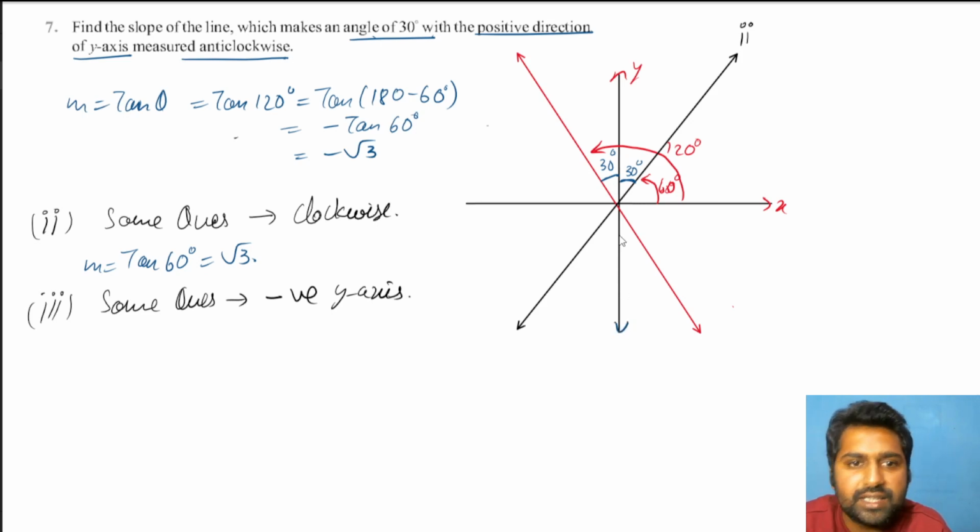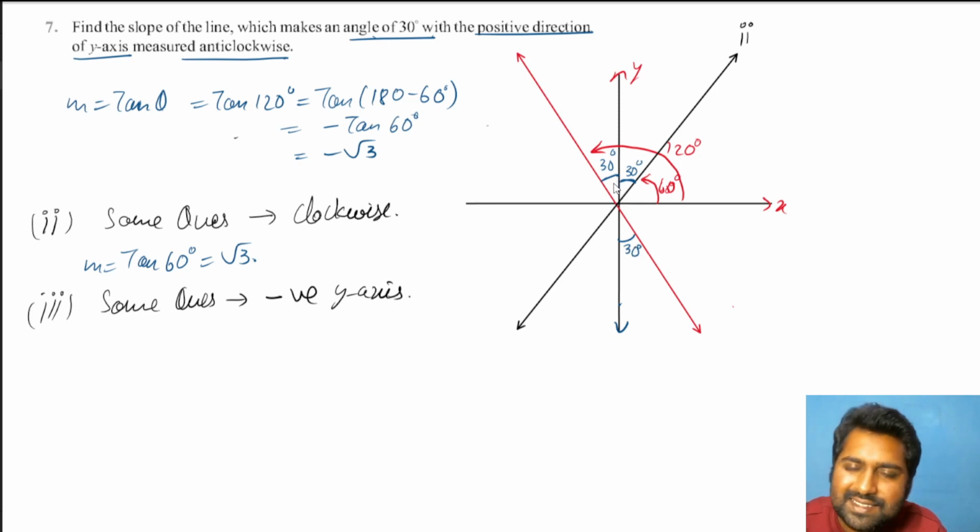So you are measuring it in anti-clockwise. So anti-clockwise moves like this. Okay. So this angle is 30 degrees. Okay. So you have still, this is the line, but this angle this time is 30.